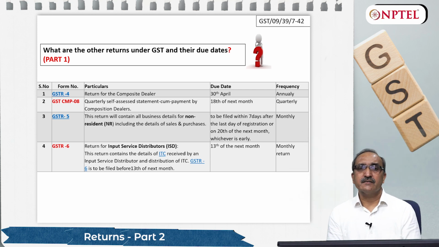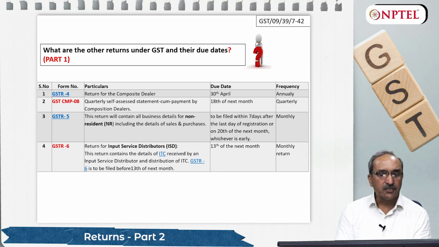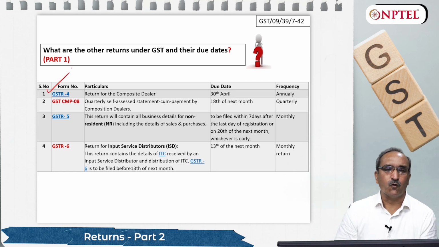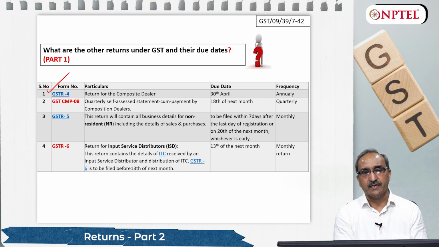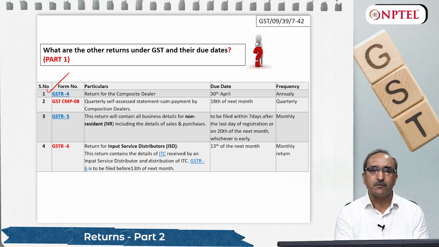Then there is another return, that is GSTR 4. GSTR 4 is again a summary of sales by a person who is covered under section 10, and he is also known as a composite dealer.